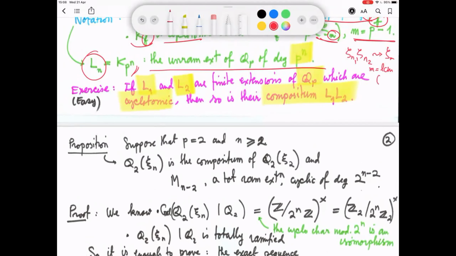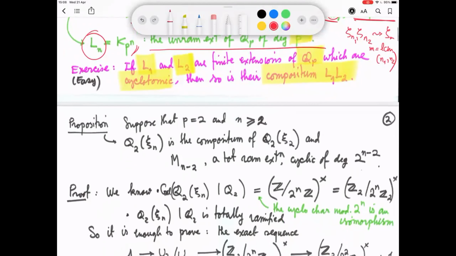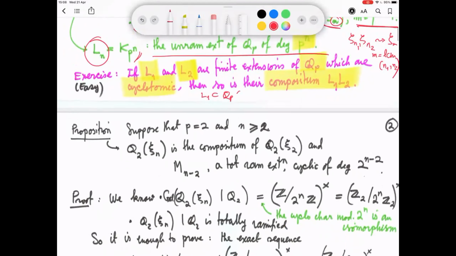Yeah, maybe LCM of n1, n2, right? So if L1 is contained in Qp(zeta n1) and L2 is contained in Qp(zeta n2), then the compositum L1 L2 is contained in Qp(zeta m), where m is this LCM of n1 and n2.